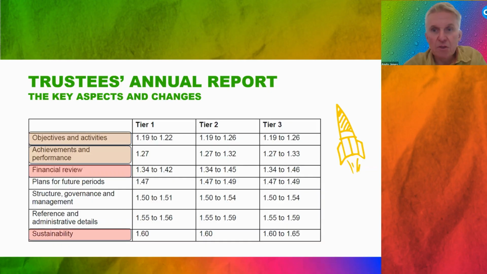The other key change that's completely new this year is the area of sustainability. There's a much increased focus on charities now. The nature of charities and what they do lends itself to ESG reporting. But now, charities are operating in an environment where ESG is under scrutiny.